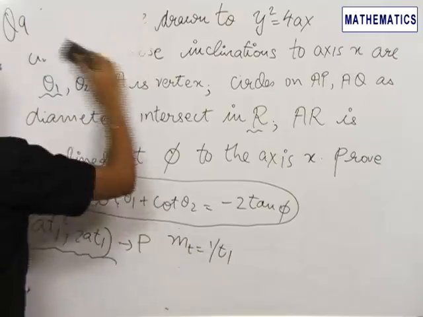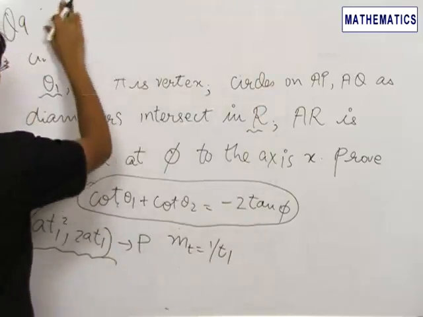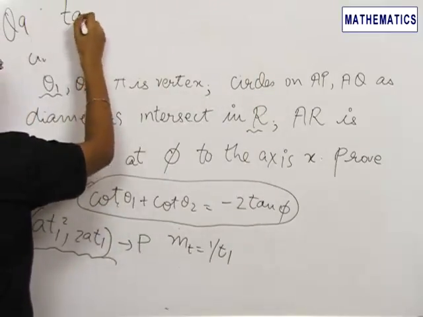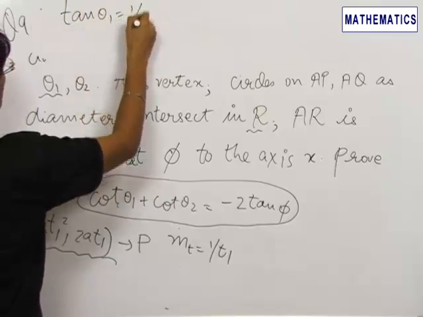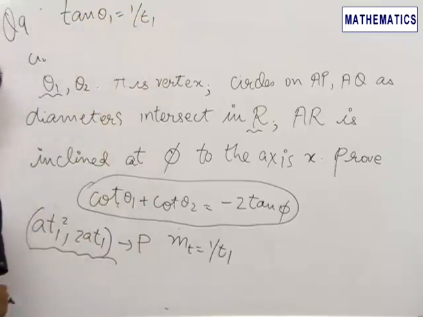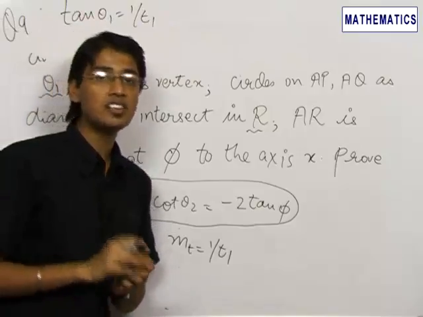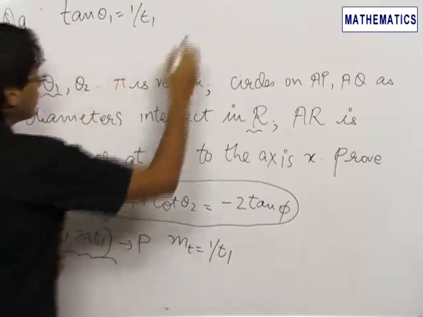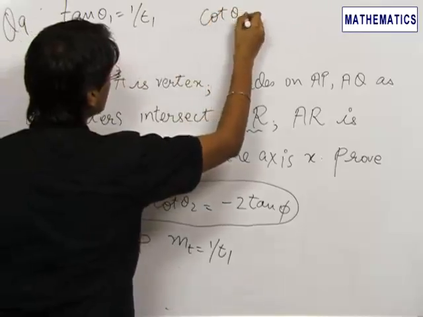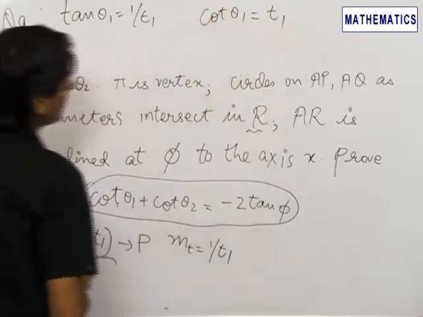So we can write for point P, whose inclination is theta 1 to the axis of x, that tan theta 1 is equal to 1 upon t1, where a t1 square comma 2a t1 are the coordinates of point P at which the first tangent is made, which gives cot theta 1 is equal to t1.